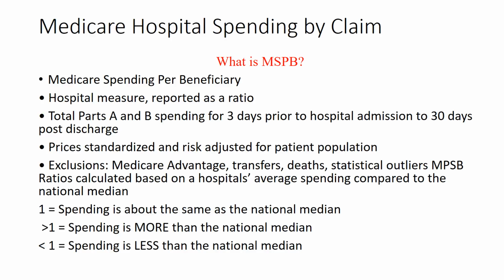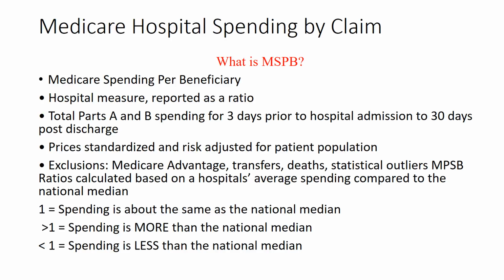Exclusions are like Medicare Advantage, transfers, deaths, and statistical outliers. It is based on a ratio calculated on hospital average spending to the national median.